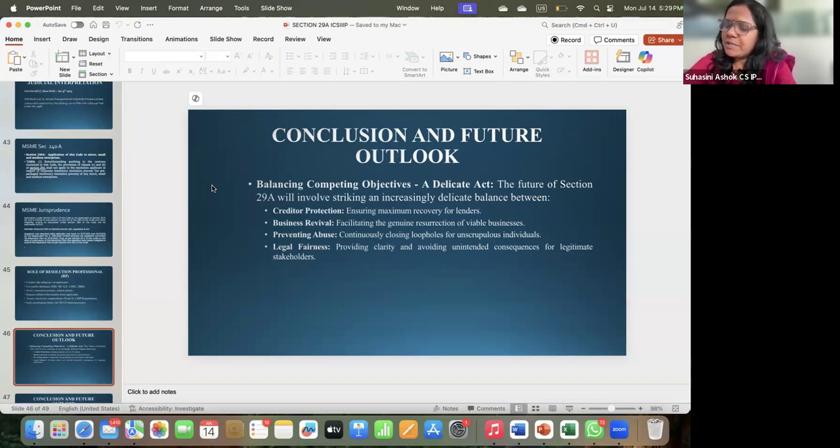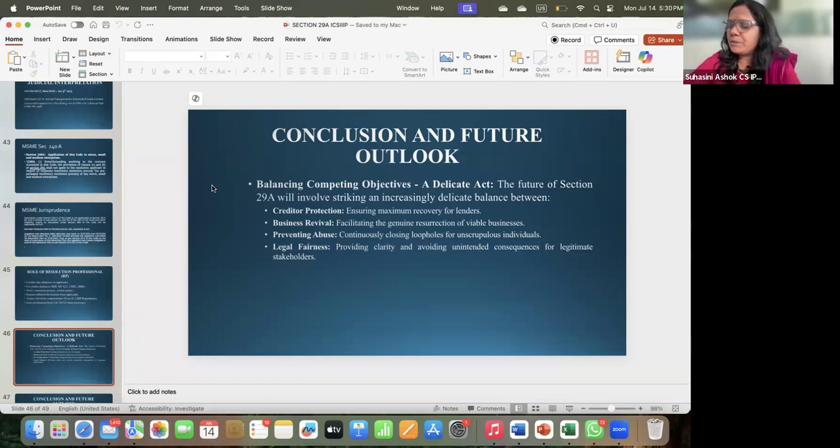So if a person comes from the same group who is responsible for the stress, he will not think of any business revival. He will only try to come without any viable business proposition. He will try to just enter to get a clean sheet for the previous liabilities. Again, he may try to come back and continue the same story.